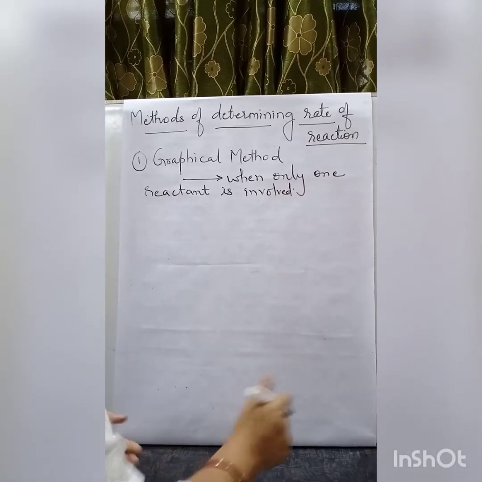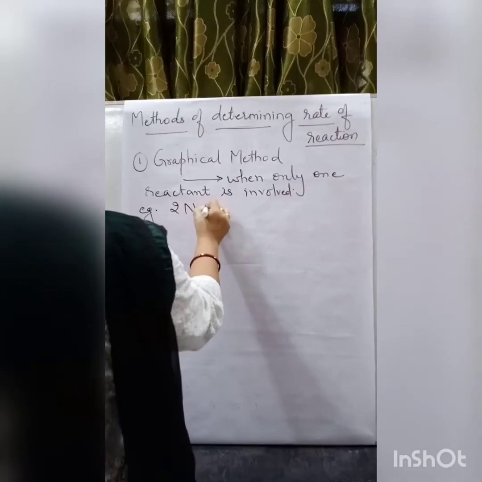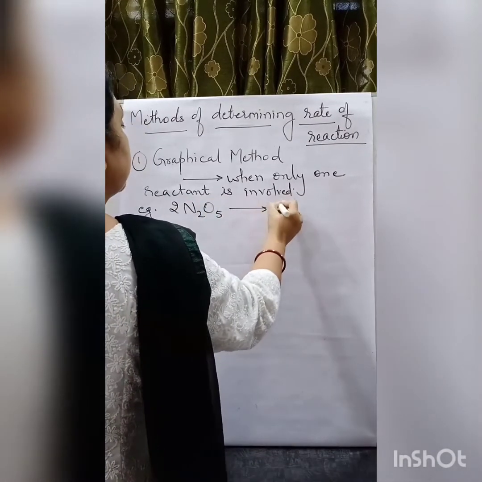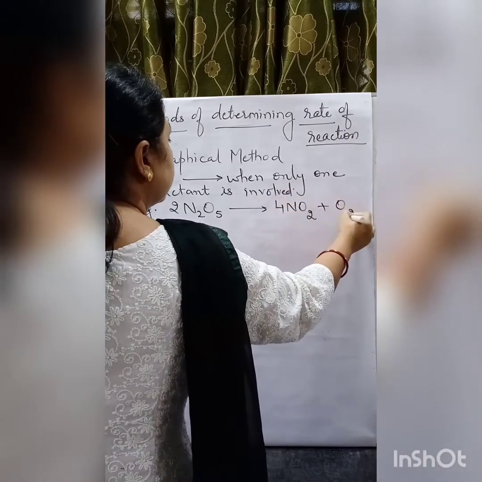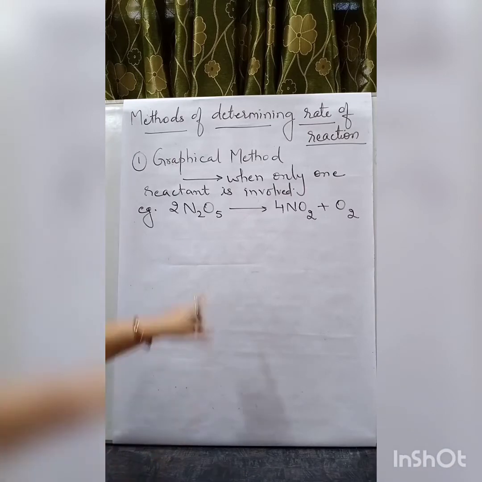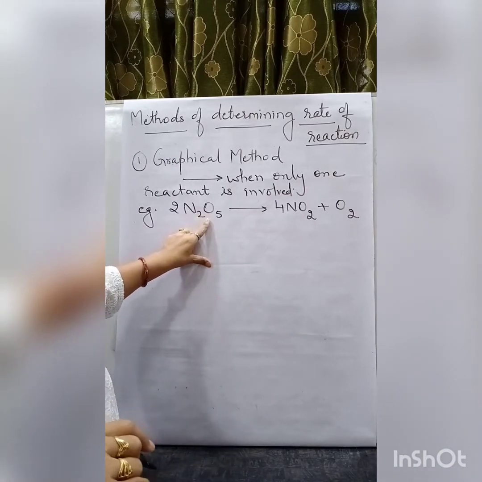Let us consider a reaction. For example, the decomposition of nitrogen pentoxide gives 4 molecules of nitrogen dioxide and oxygen. You can see here, only one reactant is involved.